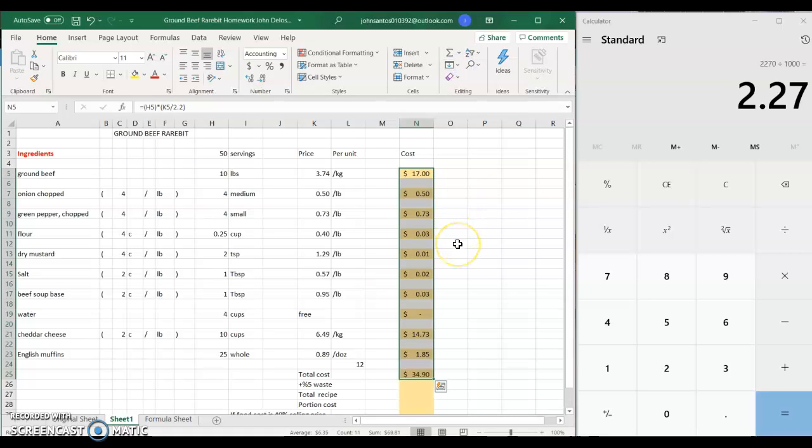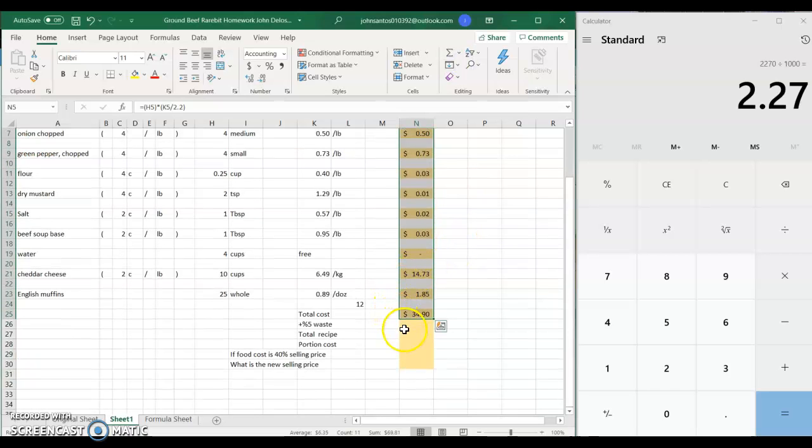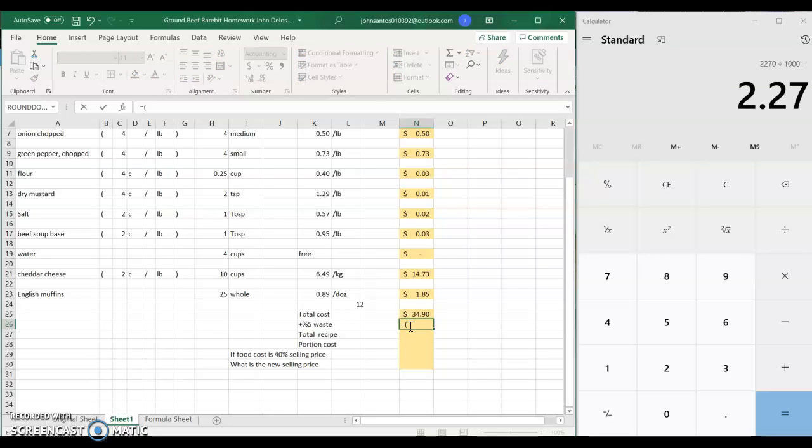sum it all up, and you'll get 34.90. And for you to get the 5%, make your formula, multiply it by 5% or 0.05, which is equal to 5%, and that will give you 1.75.